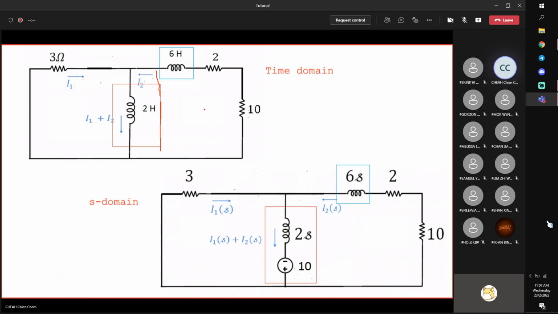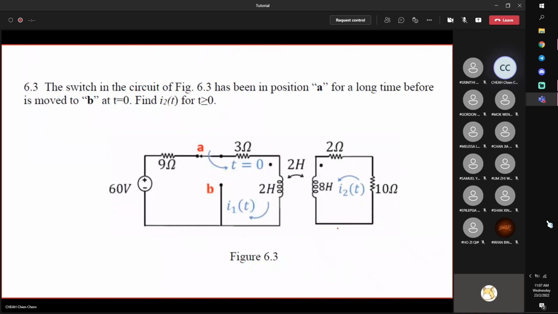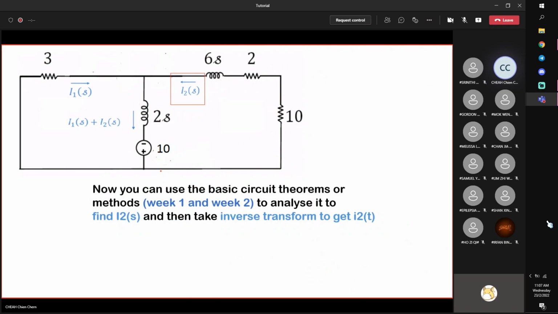But if you use nodal analysis, it is also fine, because this does not create different nodes. It's still the same node. Because here we use mesh analysis, I'll transform it to this form, and now I'll proceed to solve this system for t greater than 0. Remember, we are solving I2 only, so no need to waste time solving for I1, just I2.